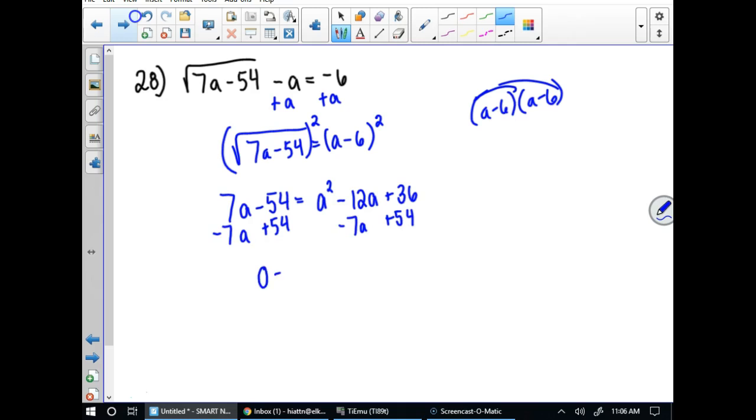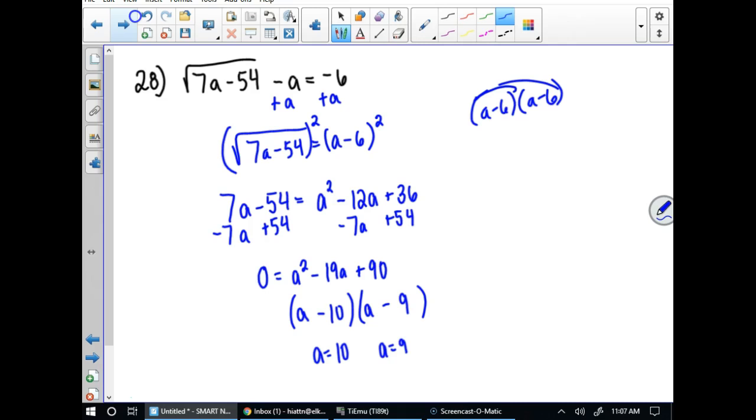So you have 0 equals a squared minus 19a plus 90. Okay. All of these factors. So we'll have a and a, minus 10 and minus 9 here. And so we get a equals 10 and a equals 9.